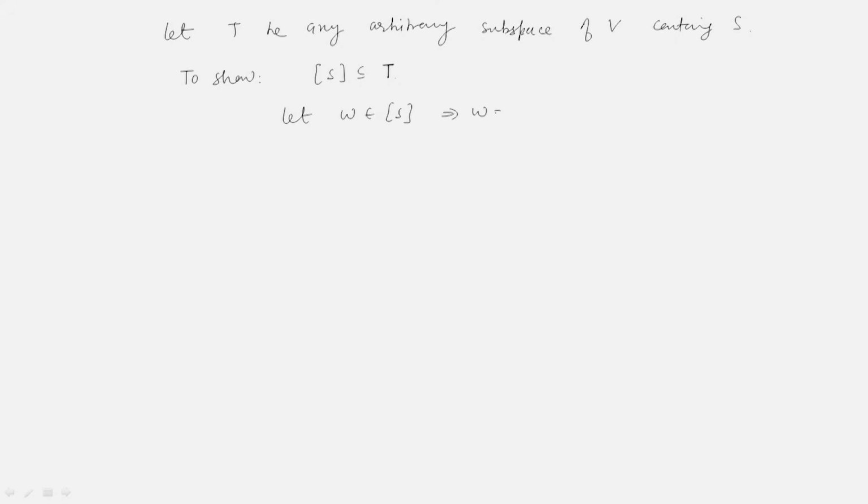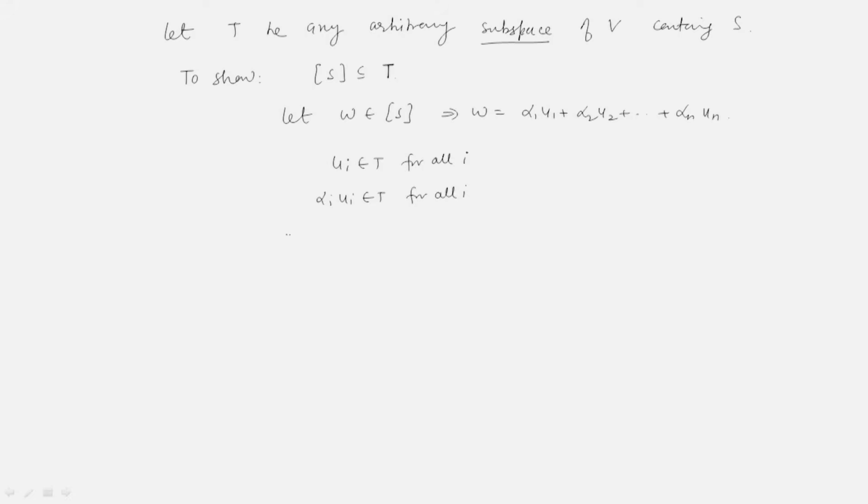This implies W is some linear combination of elements U1, U2 up to Un. And now, what do we have to show? We have to show that this W is also in T. Then only we can say that this span is the smallest such subspace. Now, since Ui belongs to T for all i and T is a subspace, alpha i Ui is also in T for all i, by the closure property of scalar multiplication.